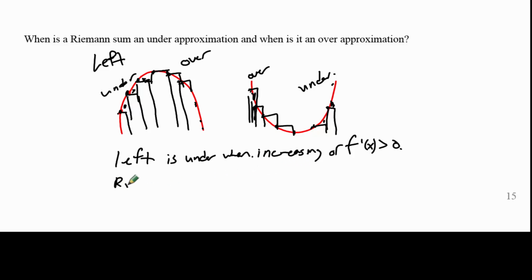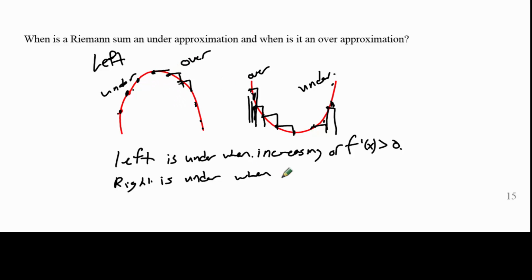So the right is under when, so the right Riemann sum would be exactly the opposite. If we're talking about a right Riemann sum, when is the right going to be under the left? Well, the right's going to be under the left when we're decreasing, right? The right-hand side is lower than the left-hand side. That's what it means to be decreasing.